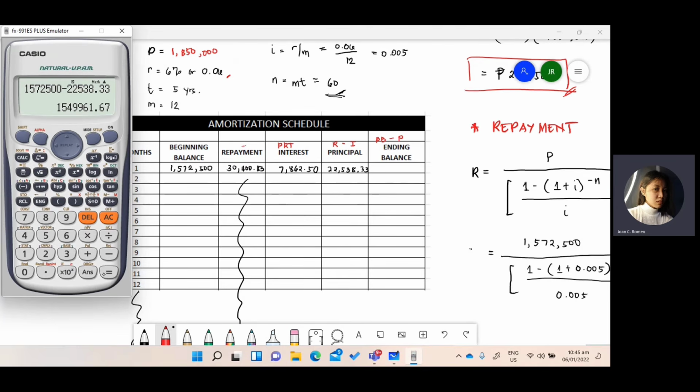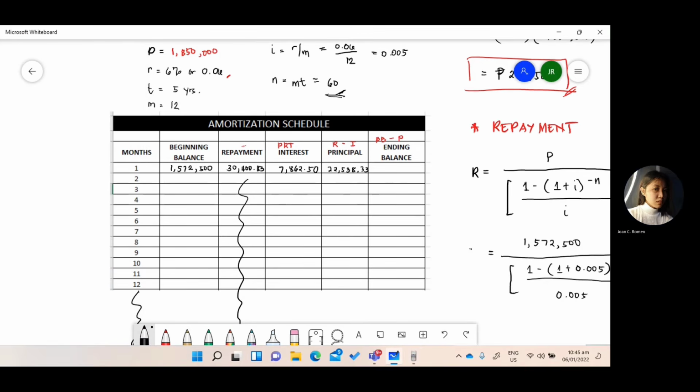And that is equal to 1,549,961.67. So again, 1,549,961.67. So this will be the ending balance for this month. Okay, for the first month.